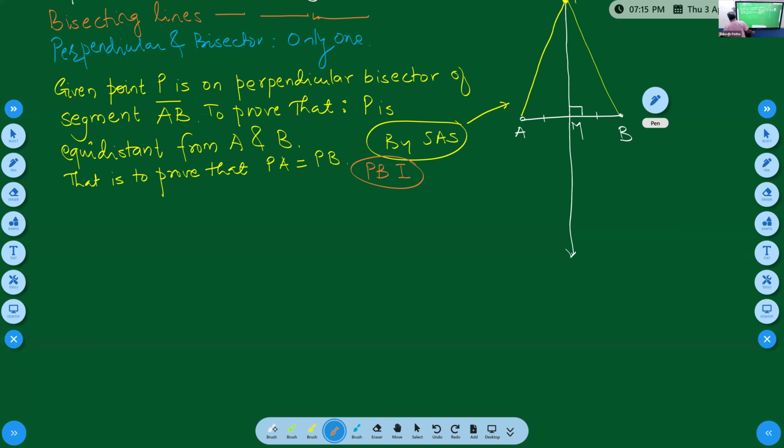Okay, so now let me write down perpendicular bisector theorem number 2, which is the converse of this.